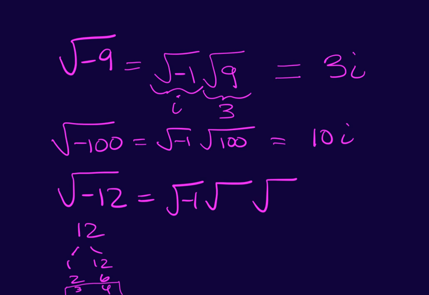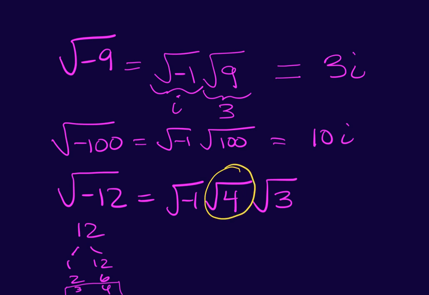I usually put the perfect square first and then what's not a perfect square, but it doesn't really matter the order. So 4 times 3 is the same as 12. We have the negative in there to take care of the negative. By breaking that 12 up into factors, it helps me simplify.